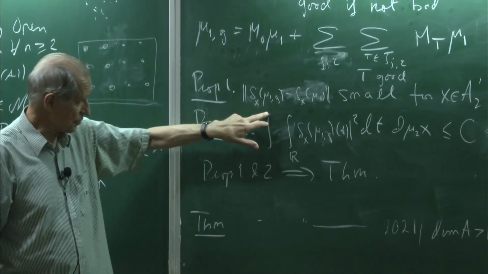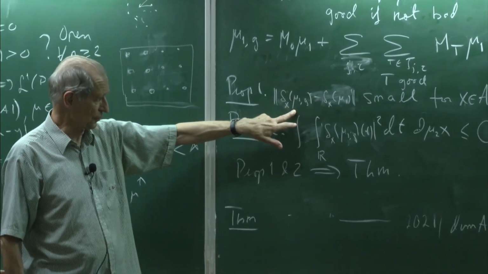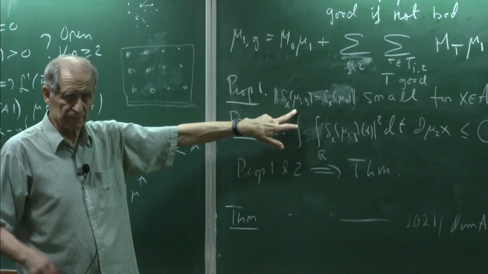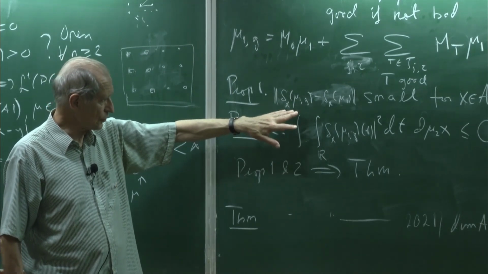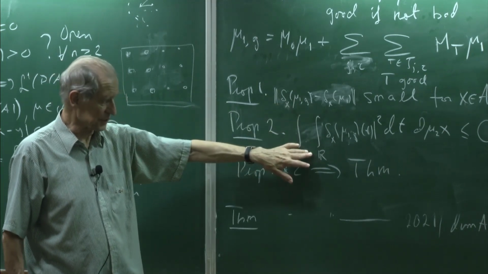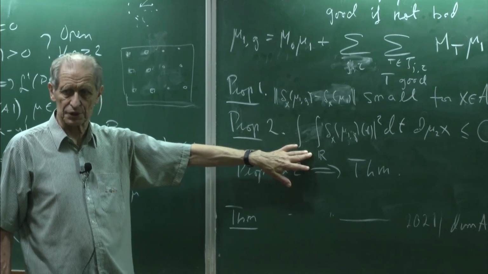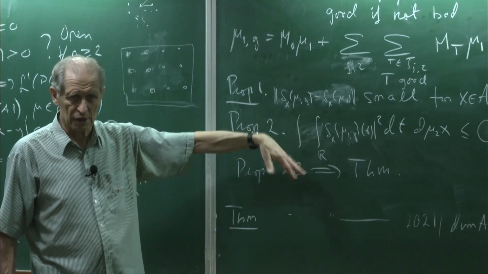And because this variation measure is small, a large part of this also has to live there. And then it could still be singular and live there. But then when you have the L2 estimate, that tells you that it's actually absolutely continuous.